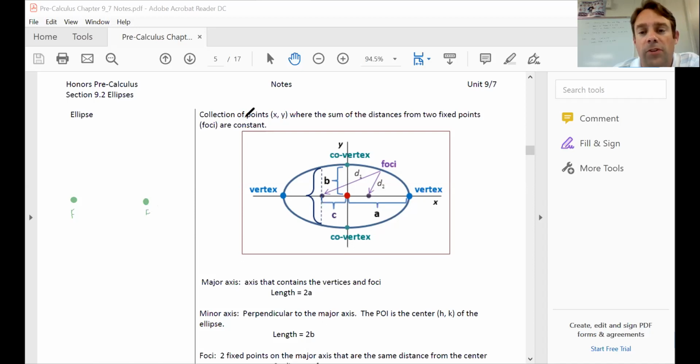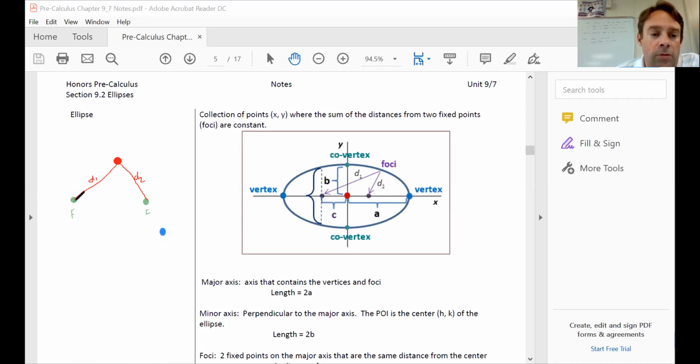What an ellipse essentially is, every point that is the same sum from the two. So if I were to take this length right here and this length right here, and if I were to add them up, they would be the same length as it is to say these two points, this point right here.